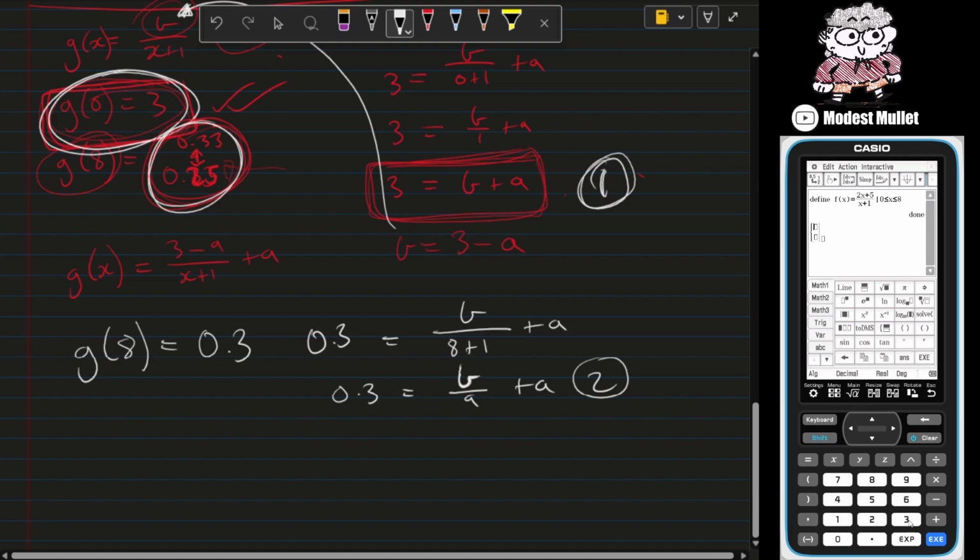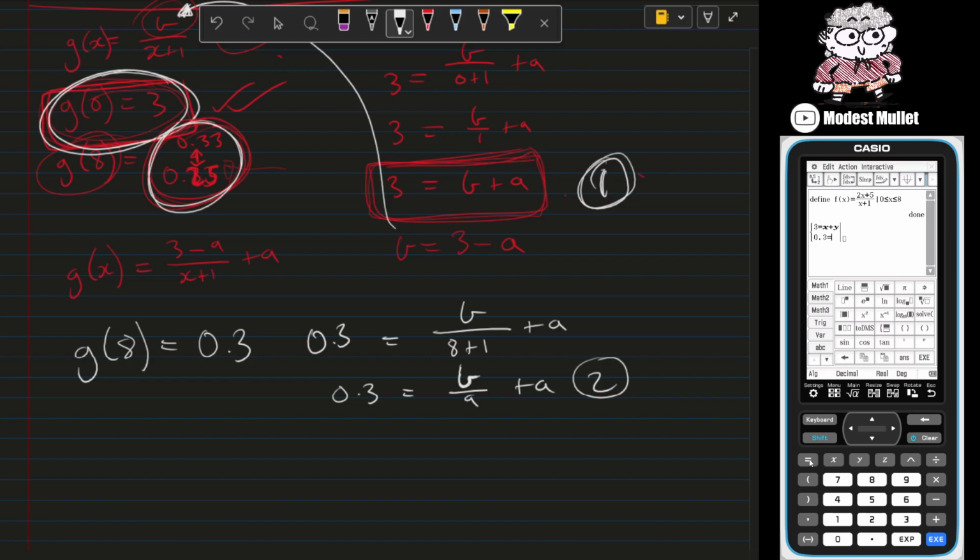We've got two of them. I'm just going to use x and y because they're the keys much quicker to get to. So x is the place of b and y is the place of a. We've got 3 is equal to x plus y, and 0.3 is equal to x divided by 9 plus y. There's our two equations.